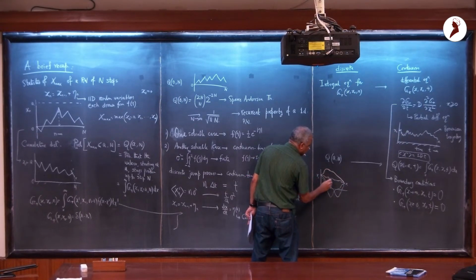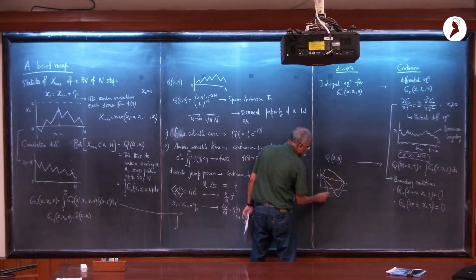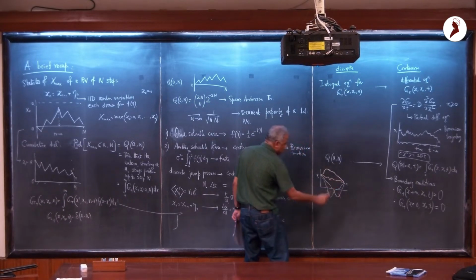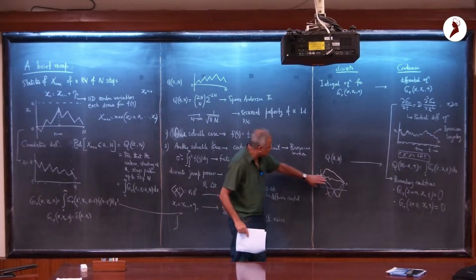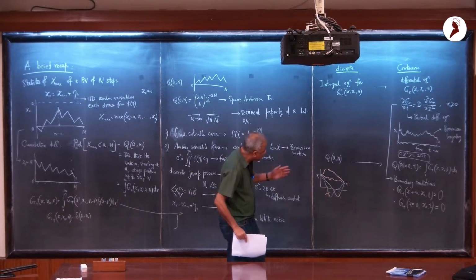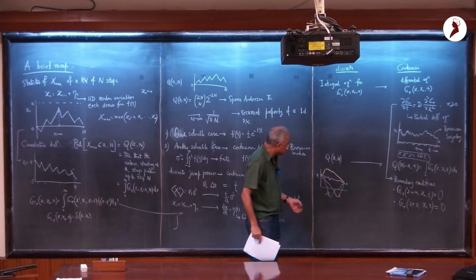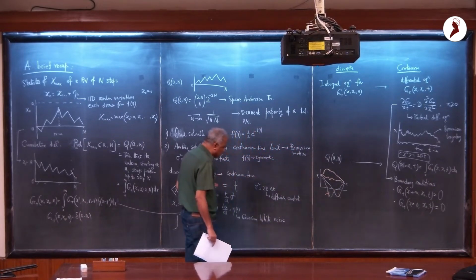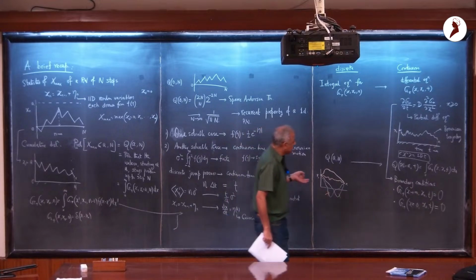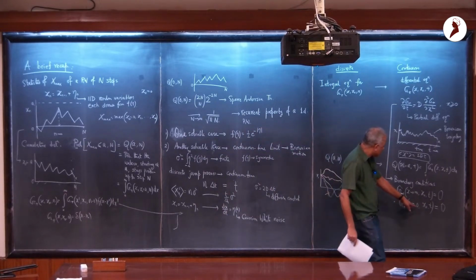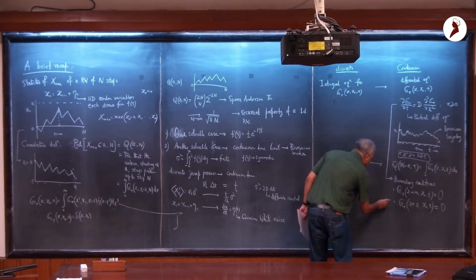So these two paths are allowed, but this is not allowed, this is not allowed, because they have crossed the origin. So you want to somehow not count those paths which have crossed the origin. So how can I implement that in a differential equation? And that is implemented by what is called the absorbing boundary condition.